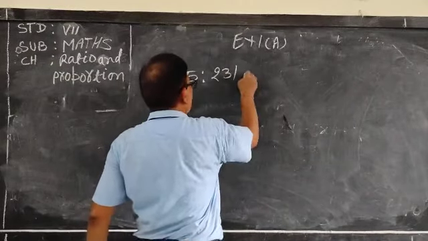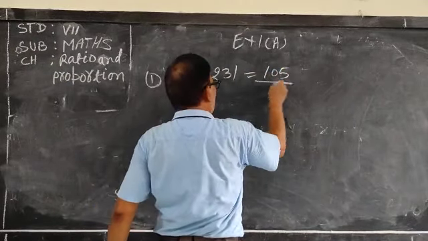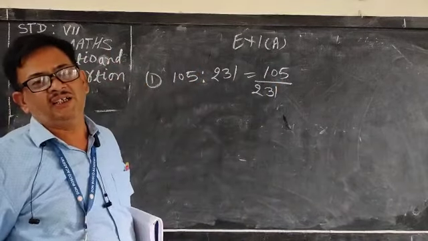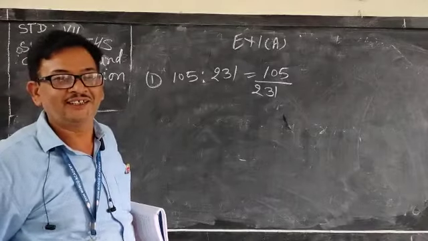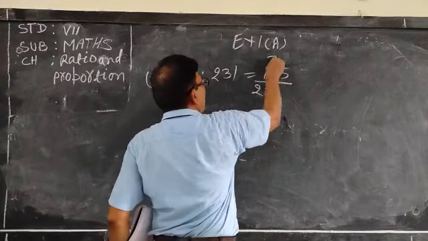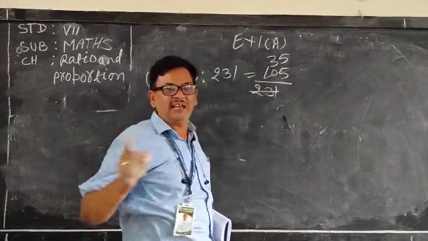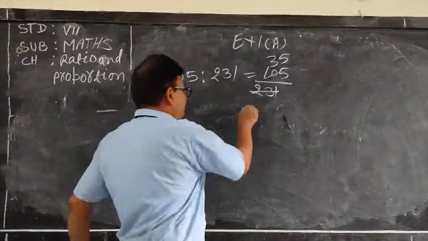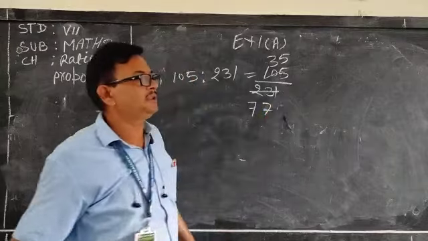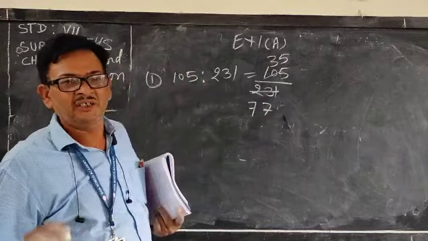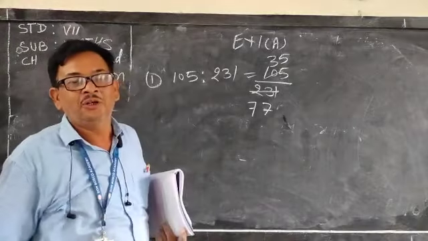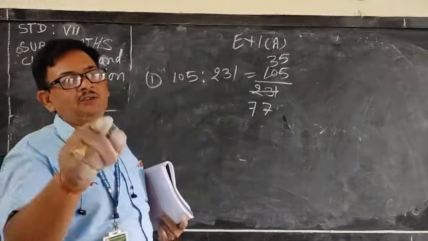You will write 105 by 231. Both numbers are divisible by 3, right? So you will write 35 here, and when you divide 231 by 3, 77 will come. Now 35 and 77 are not divisible by 2, 3 or 5.